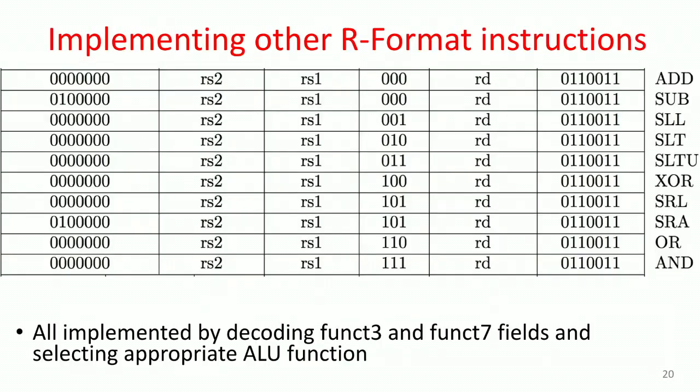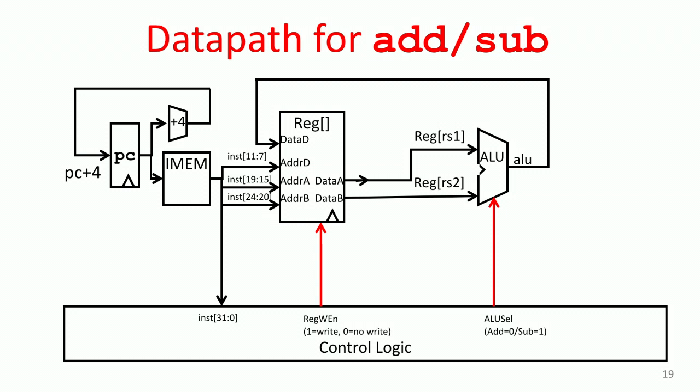All the instruction bits come through the controller. The controller has access to that particular bit, in this case, instruction bit 30. It can use that to set the control signal into the ALU to turn it into a subtractor rather than an adder. And then everything will work the way it did before.